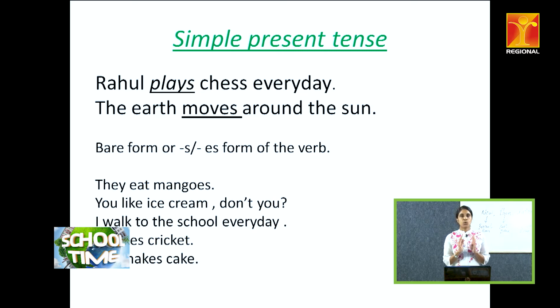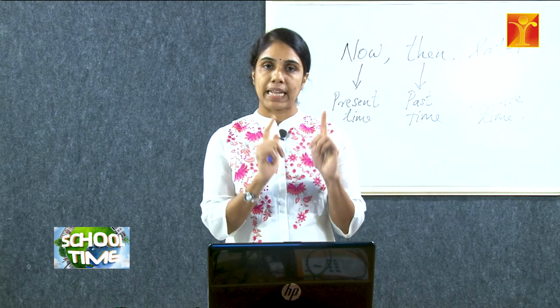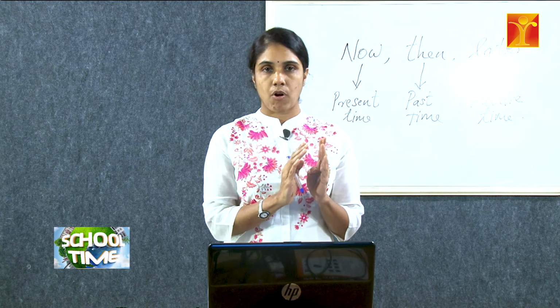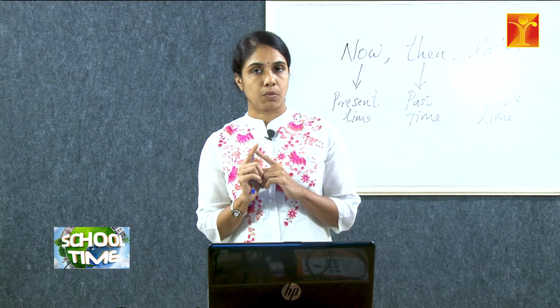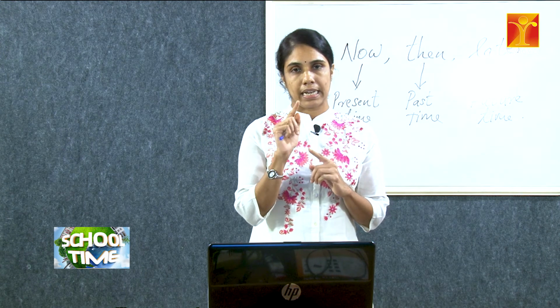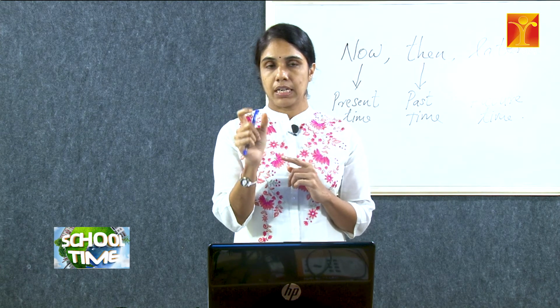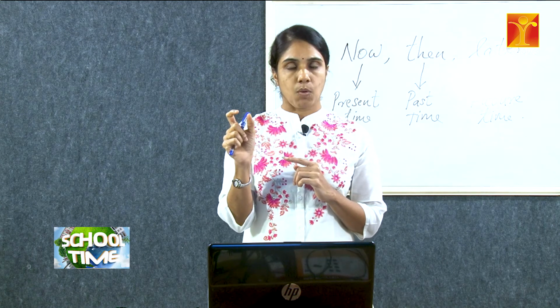And looked is a verb, and look is the bare form or plain infinitive of that verb. S or ES form of the verb means we are adding an S or ES immediately after the bare form.